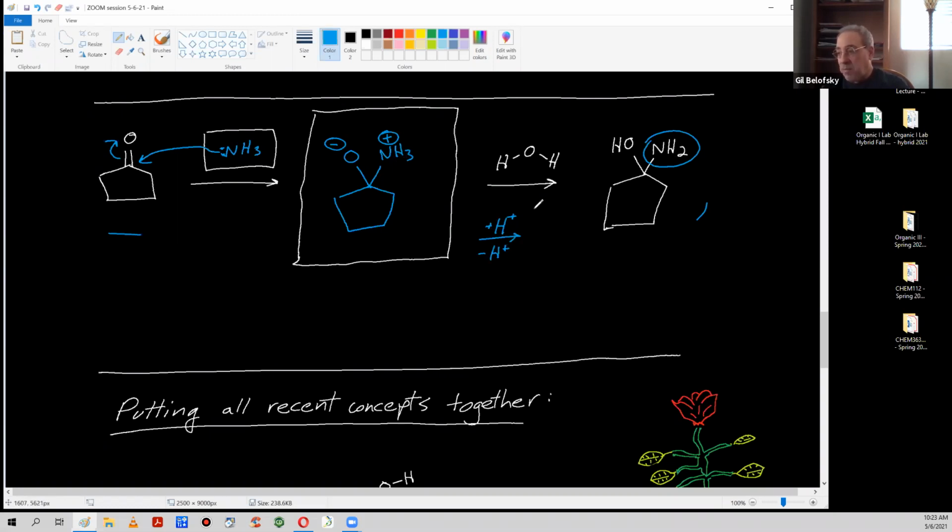Water is going to probably help govern that, and then you get to your final product. So no need to do the whole thing every time. The adding and removing hydrogens is a pretty trivial reaction. Okay, so the last two were just filling in the missing pieces of reactions that we saw before.